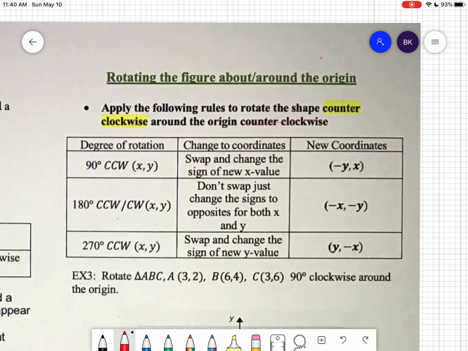Okay, moving on to rotating a figure about the origin. I'm going to teach you the rules, but before that, if you would like to learn how to rotate a shape using patty paper, also called wax paper, or parchment paper, the kind you have if you bake, you can use that to help you rotate.